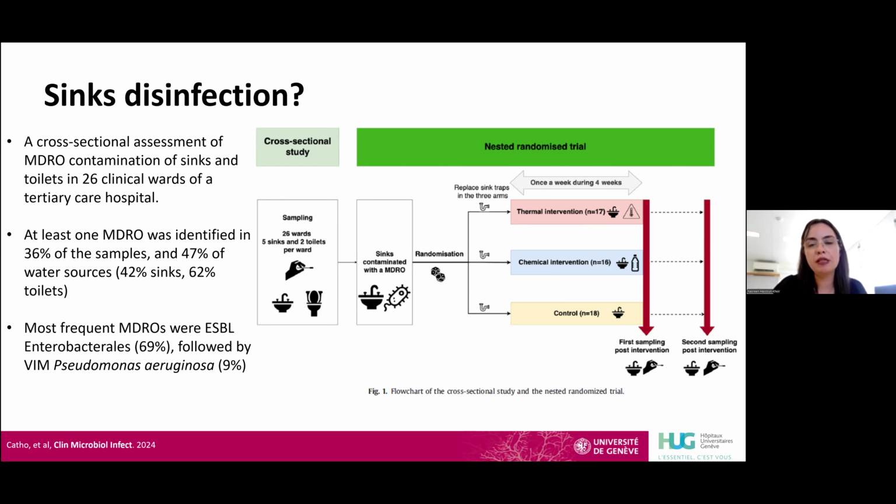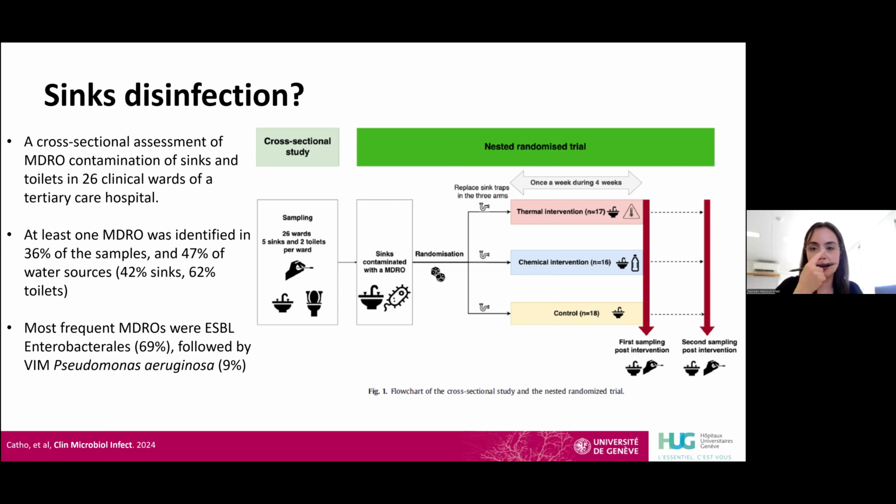Following these findings, they ran a nested randomized trial, and sinks that were contaminated with a multi-drug resistant organism were randomized to one of three arms. All sink traps were replaced, and in one arm, chemical disinfection using sodium hypochlorite was used, and in the second arm, a thermal intervention, including steam, was used.